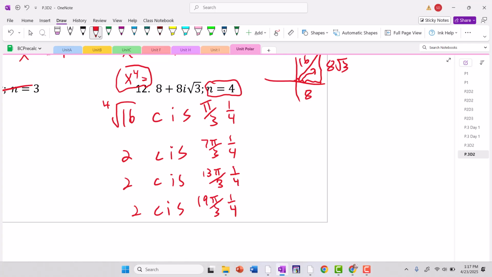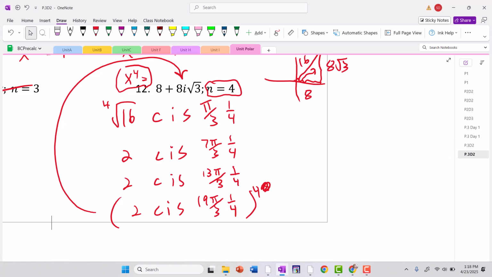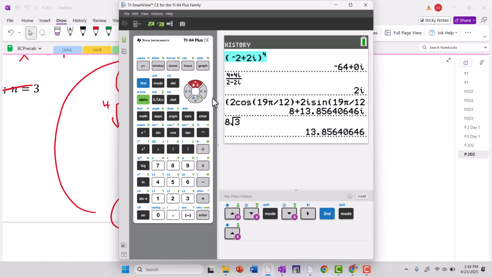Now, what does this mean? This means if I take this to the 4th power, then what should I get as an answer? That. And look at the last thing that I did on my calculator, because that's a 4th root. So if I raise it to the 4th, I get that answer. On my calculator, I did that one more time. So I'll go down to this, and that was the 19 pi over 12 answer, but it's really hard to type this in.